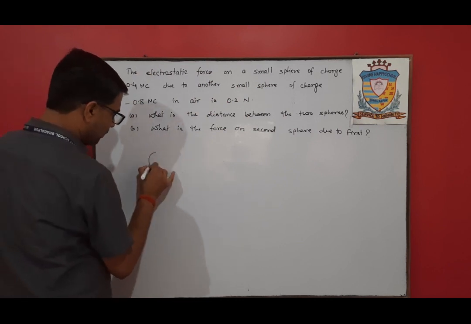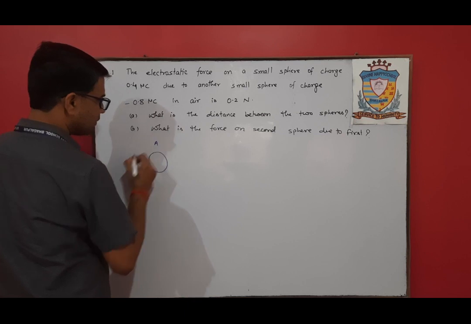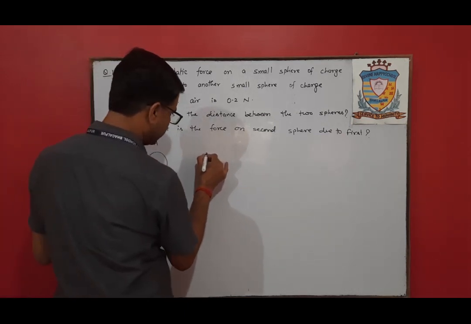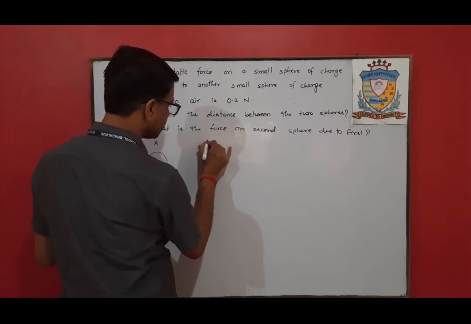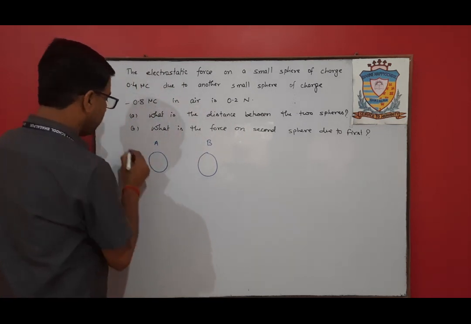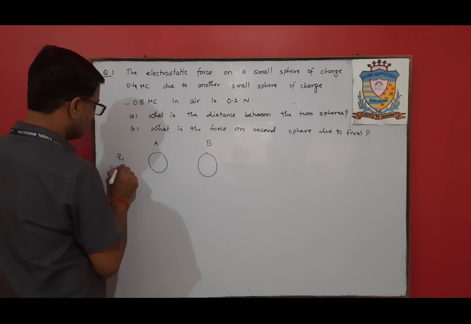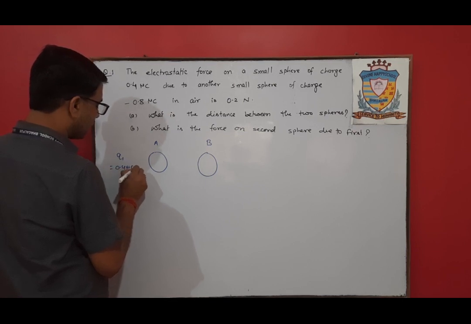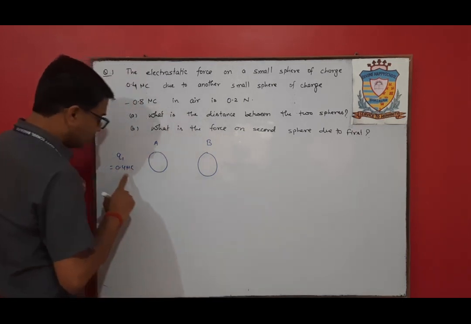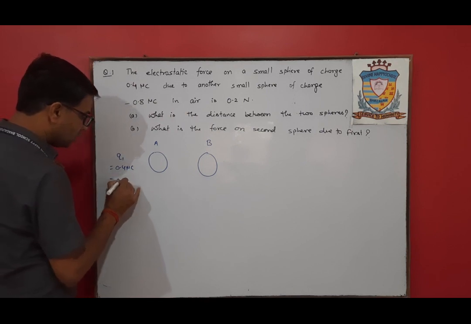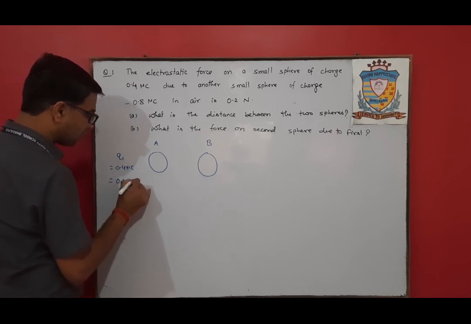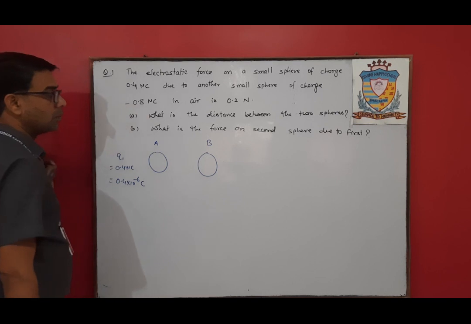So suppose we have two spheres A and B. The charge on the first sphere, Q1, is 0.4 microcoulomb, and this micro means 0.4 into 10 to the power minus 6 coulomb.